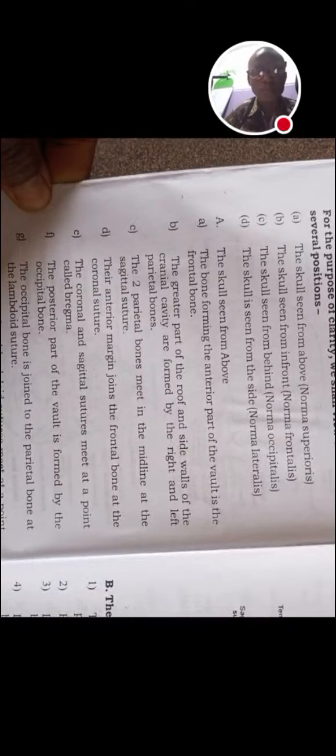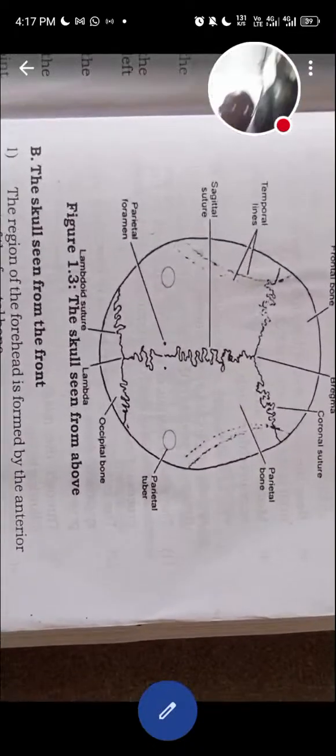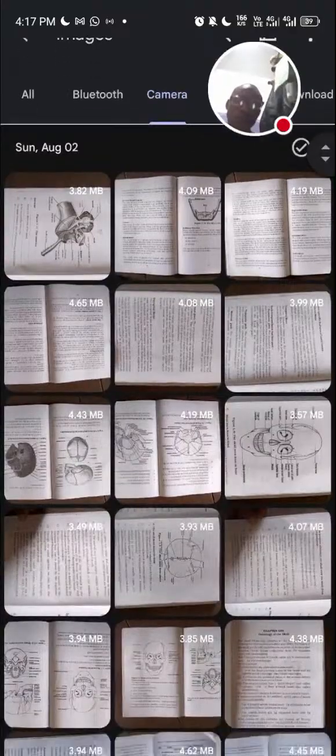There is a session tomorrow from 9 a.m. We have a short break, so make a point of duty to come. Now, I've shared with you that the next thing I'll be sharing with you is the skull seen from the front.